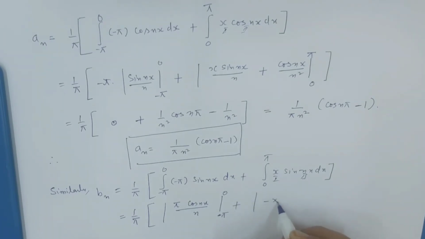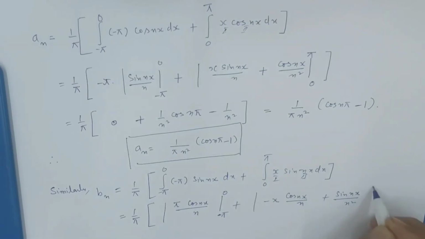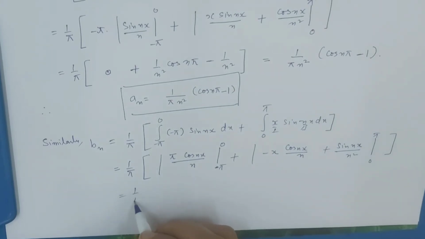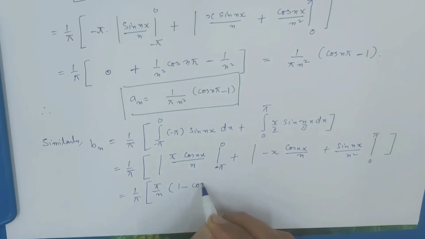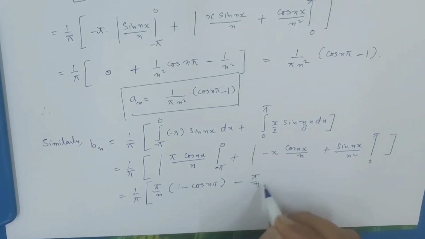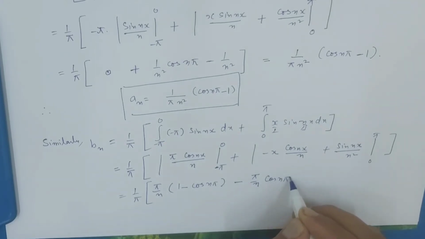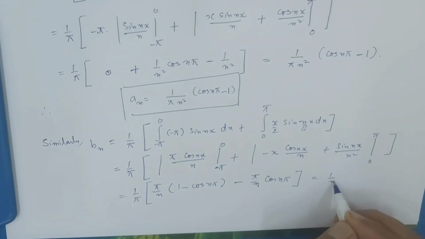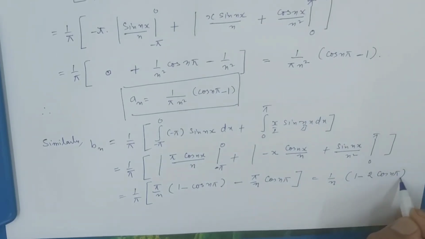plus minus x cos nx upon n plus sin nx upon n square, 0 to pi, upper minus lower, 1 upon pi is taken out, pi upon n, 1 minus cos n pi, minus pi upon n cos n pi, that is equals to 1 upon n, 1 minus 2 cos n pi.